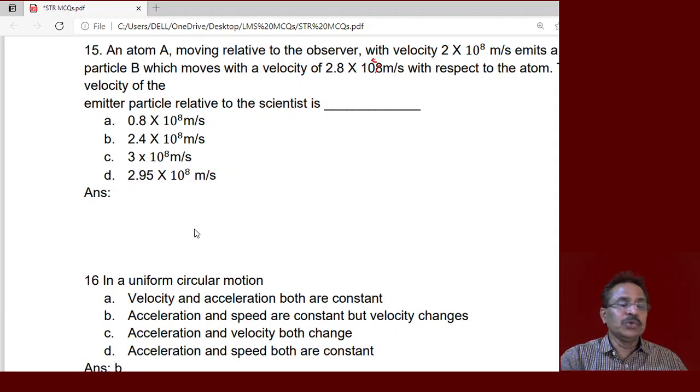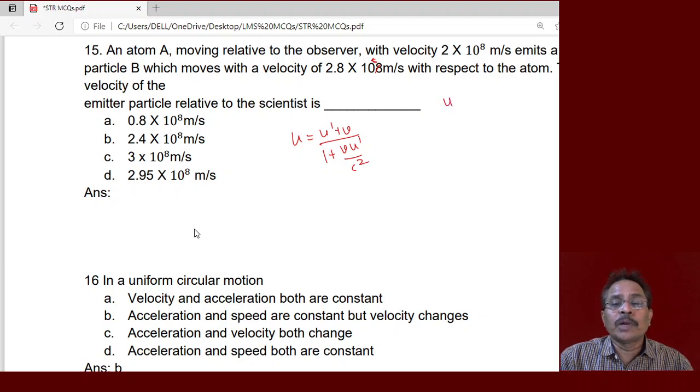So here we have to use the expression called the law of addition of velocities, which is given by u is equal to u prime plus v divided by 1 plus u prime into v upon c square.